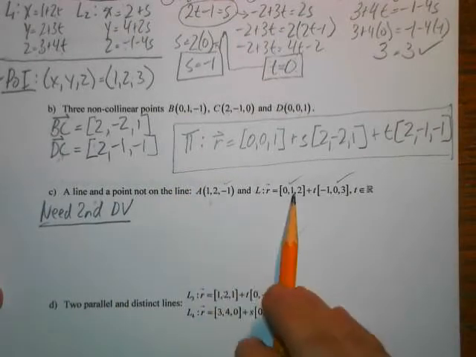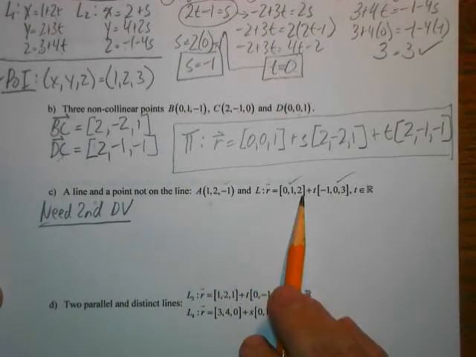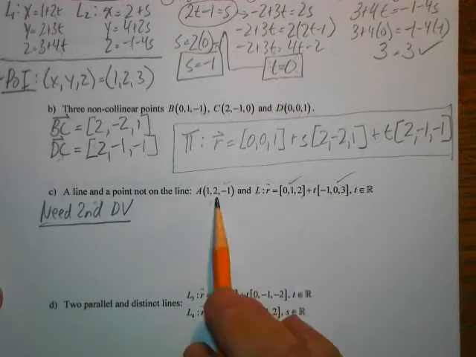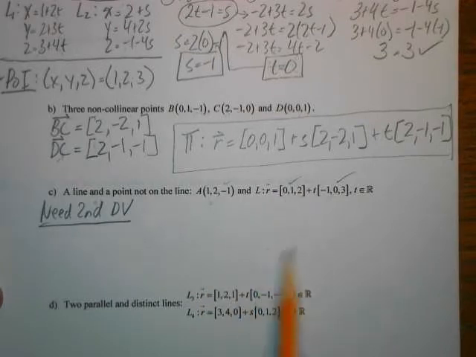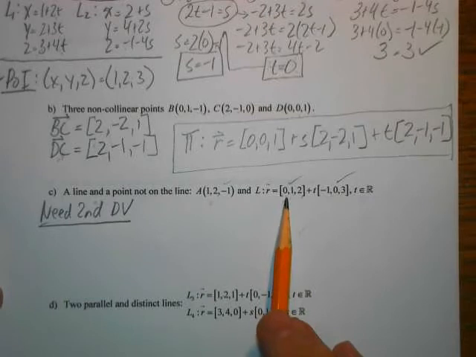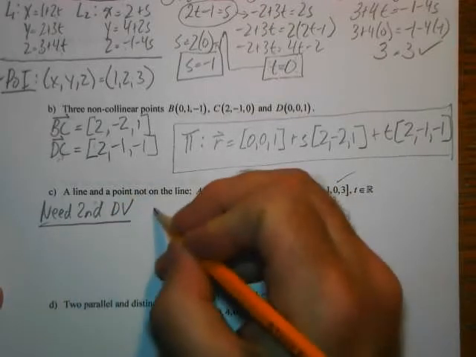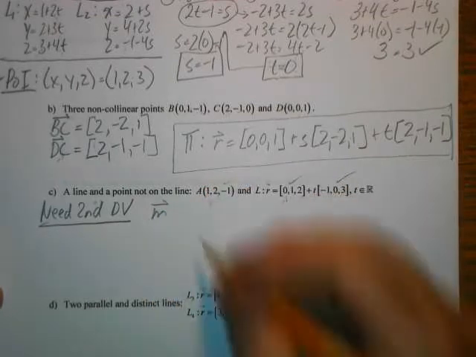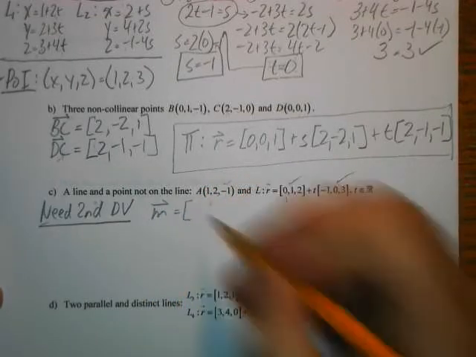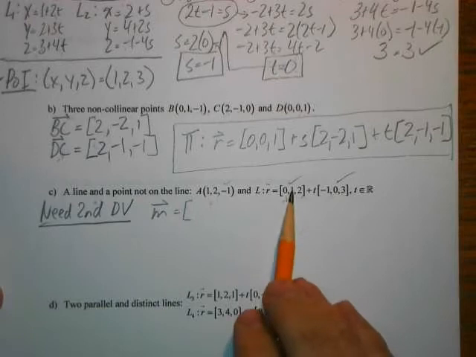Well, I just mentioned that I have 2 points that I know are on the line, point A and the point that I get to from my position vector. So if I just, I'll call it M, I'm basically pretending that's a point.